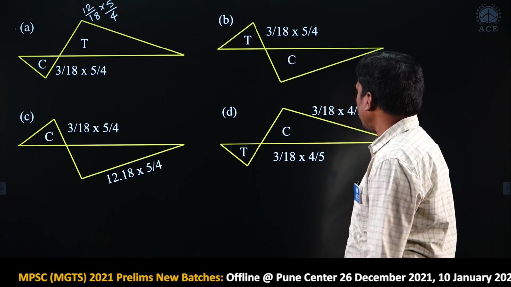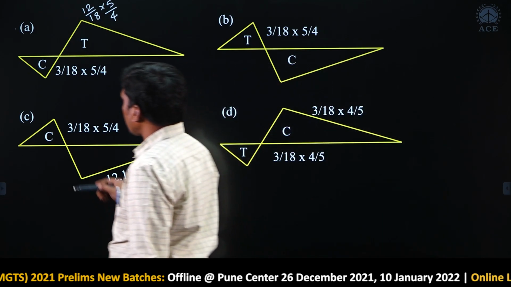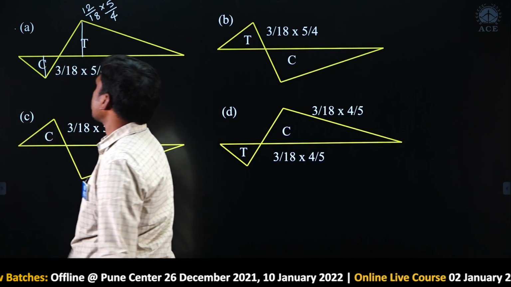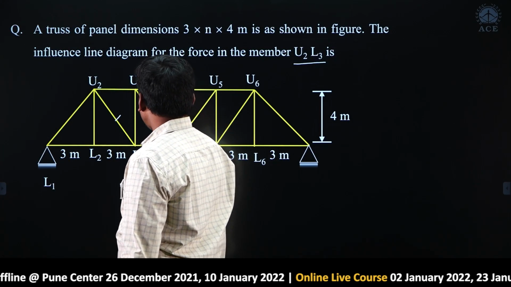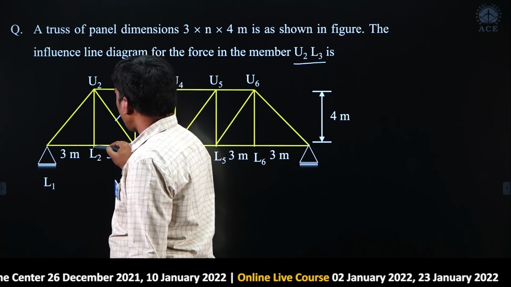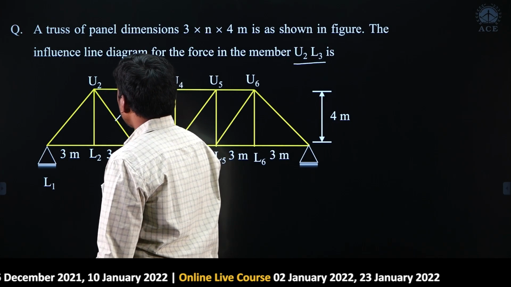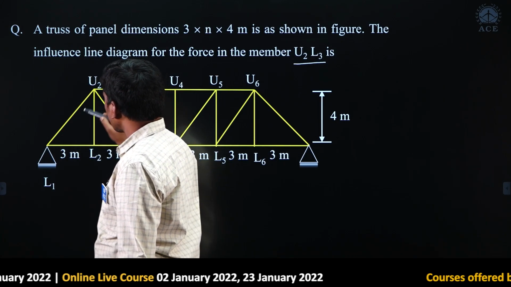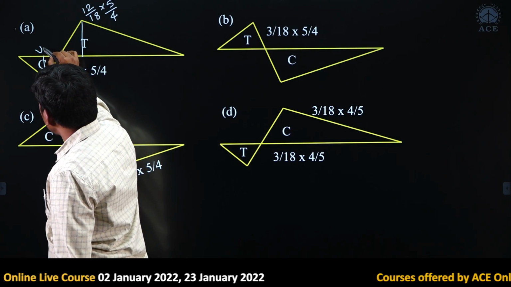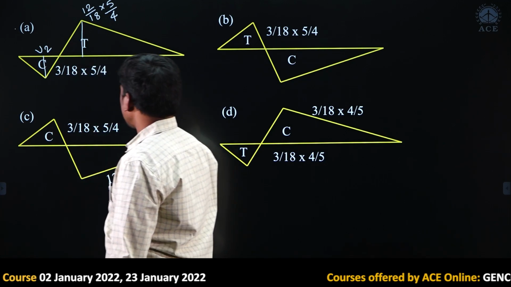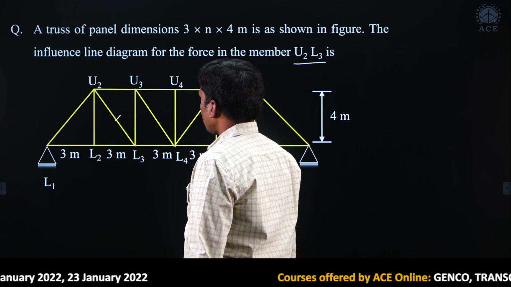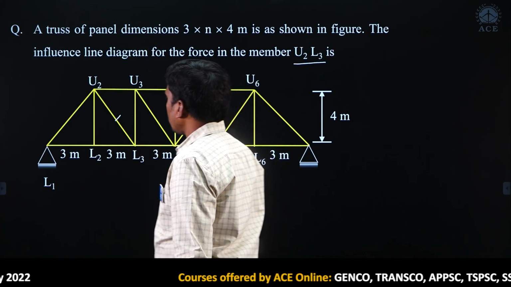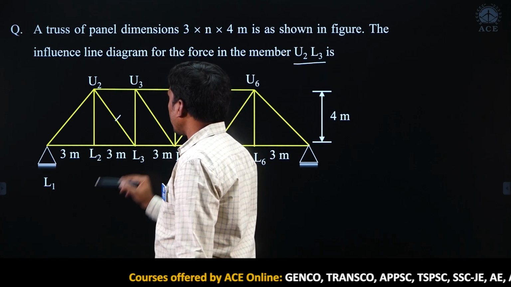Anyway, we have to find the ordinate. For example, this is the ordinate at joint U2, is it U2? Yes, this is U2 and this is L3, or you can say L2 L3.